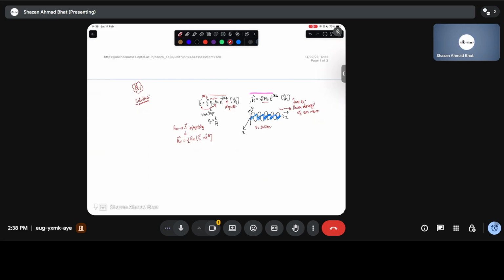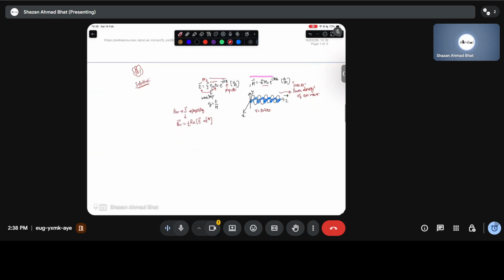Okay, so first of all, what will be this H conjugate? If you compute the H conjugate, that will be equivalent to x hat H naught e to the power j kz, because the conjugate of minus j will be plus j. So that will be it.